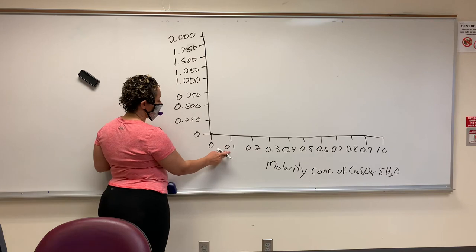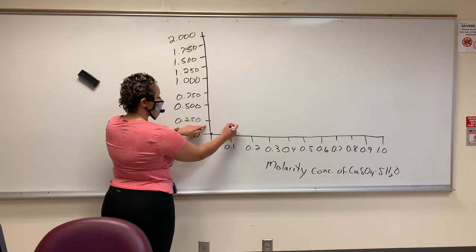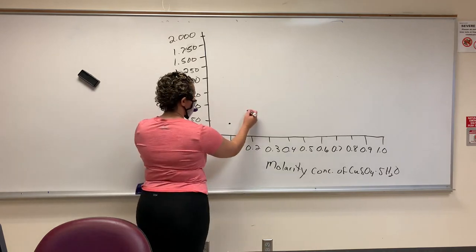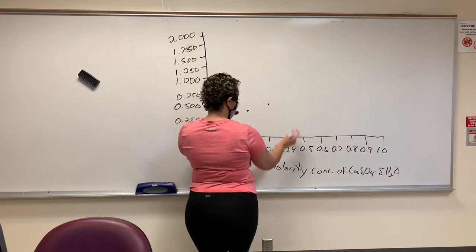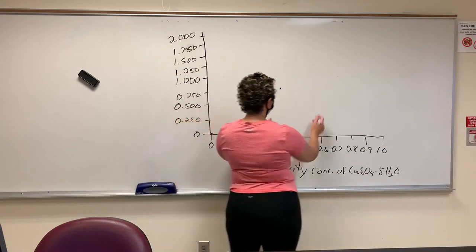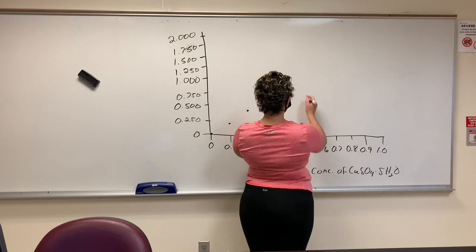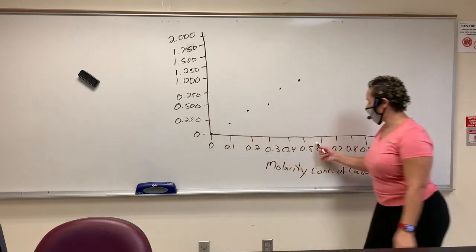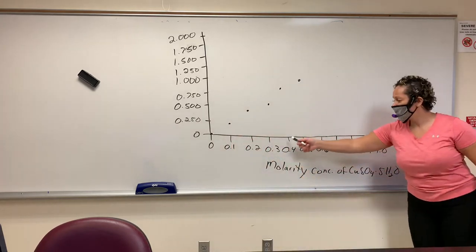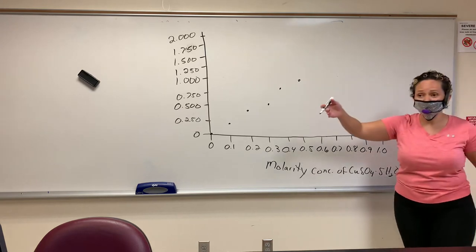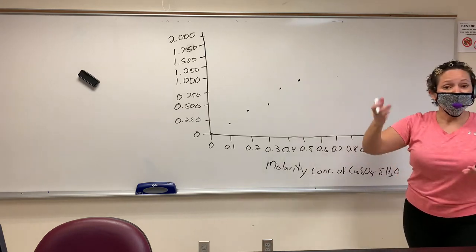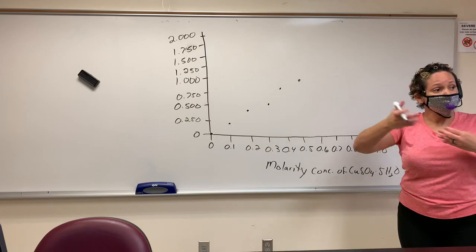When it was 0.1 molarity, I'm thinking you came somewhere around here. 0.2, somewhere around here. 0.3, I'm just plotting what I think it might be. Okay, 0.5. There was no 0.6, but I needed to keep my scale according to the boxes, right? I need to keep it in equal increments.